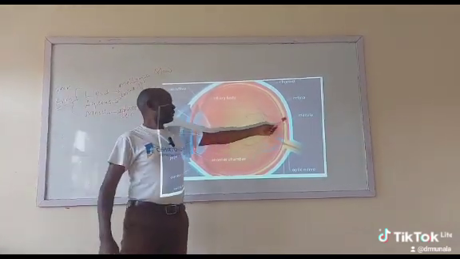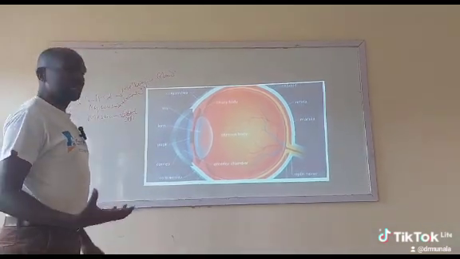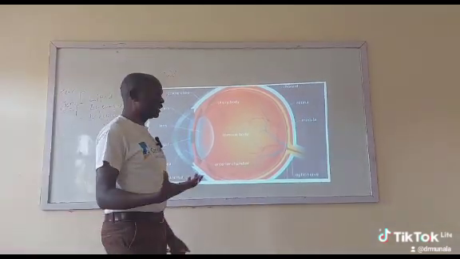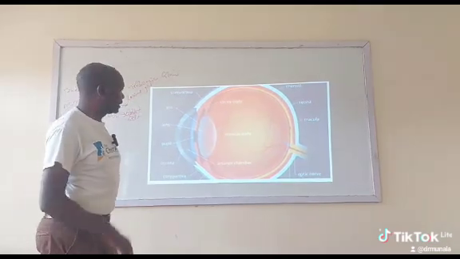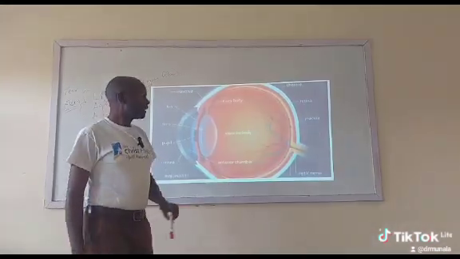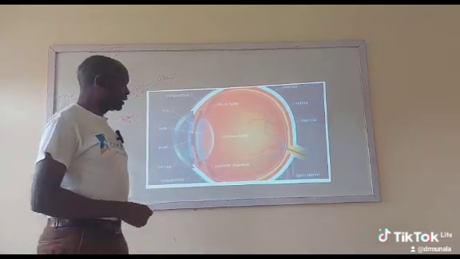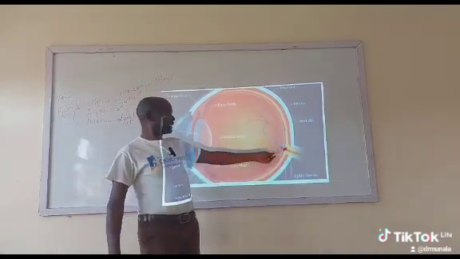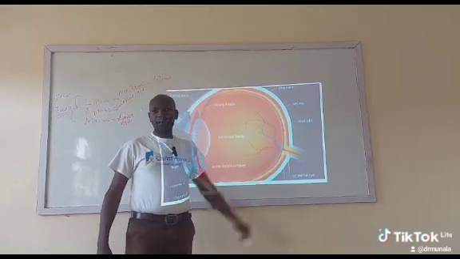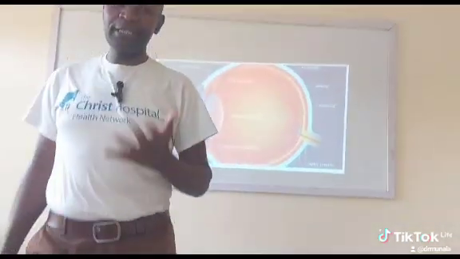In the macula, we have a structure there called the fovea that has a high concentration of the cones, which are the photopigments that transduce the light signal into action potential or electrical signals that are picked up by the optic nerve and sent to the brain for you to visualize and interpret the image.